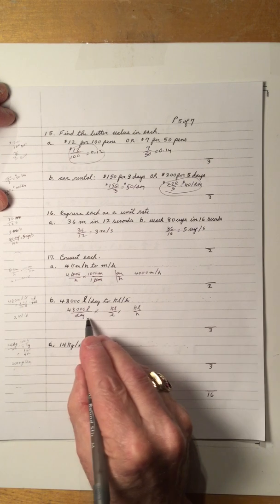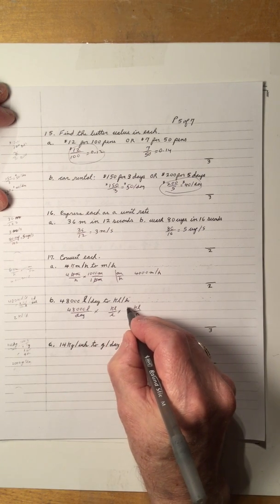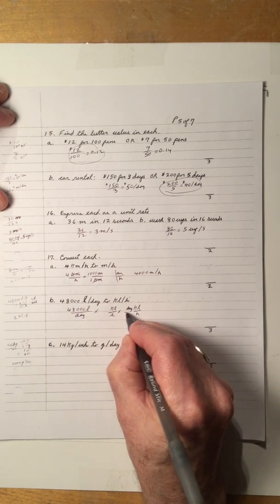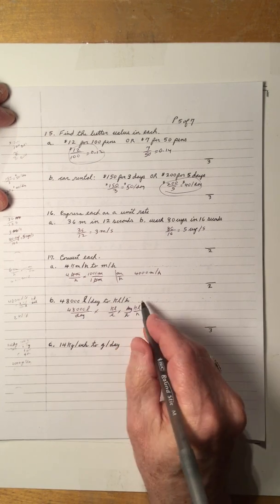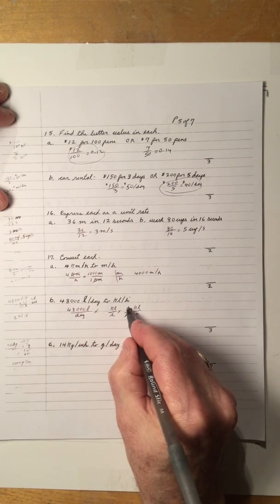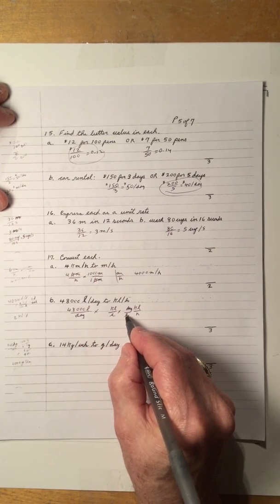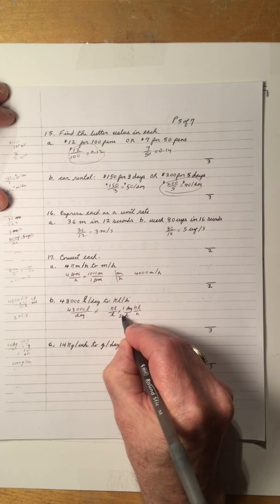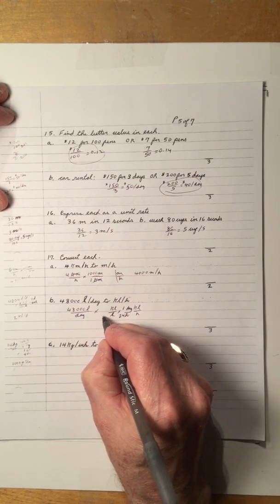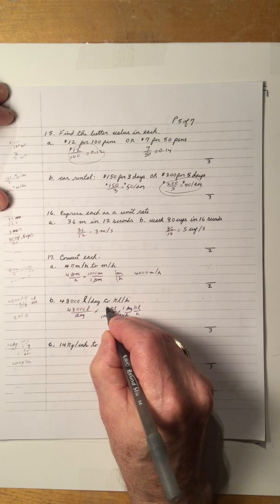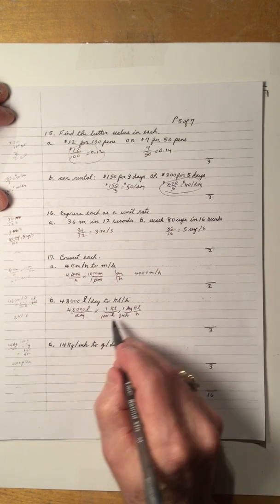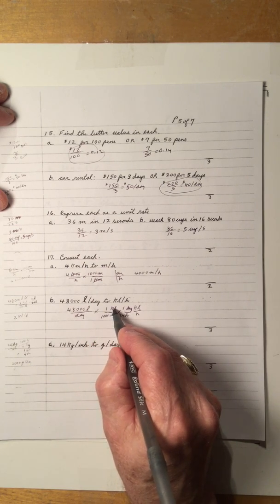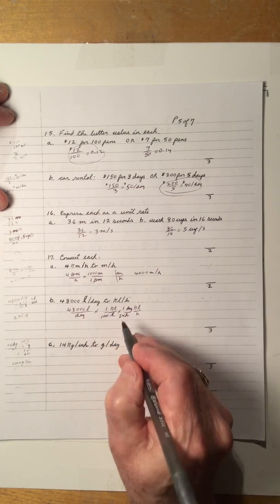So what do we have? The days have to cancel, so I put a day here. That's a day, and that's an hour. The days cancel, and the hour stays. So that's a liter. 1 day is 24 hours, and 1,000 liters makes 1 kiloliter. Notice the days cancel, the liters cancel, so I'm left with kiloliters and hours.